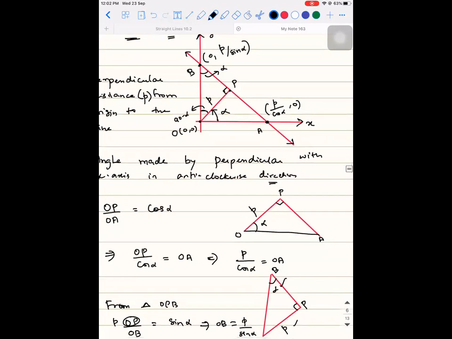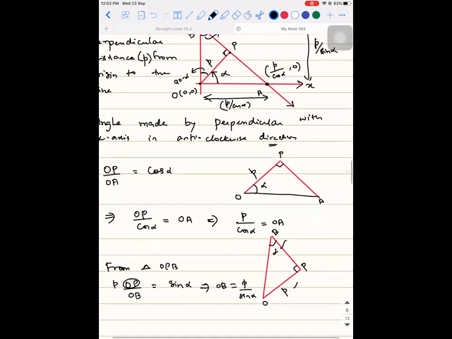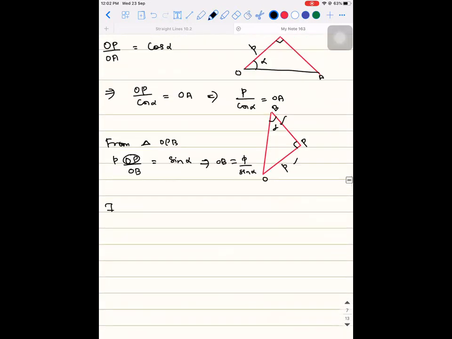So can I say that this distance is p divided by cos alpha and this distance is p divided by sine alpha? Accepted? Recollect from yesterday's concept, A is the x-intercept, B is the y-intercept. So what will be the intercept form of the line? Using the intercept form, we get x by OA plus y by OB is equal to 1.